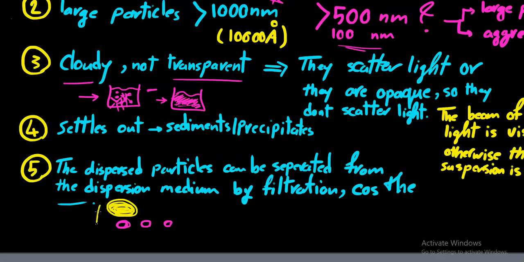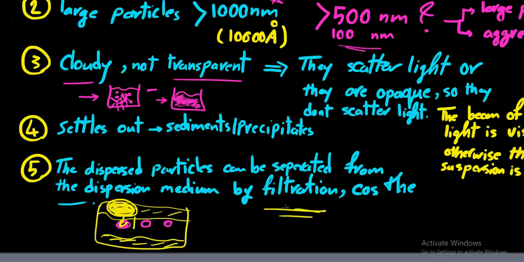So the water can go through the hole of the filter paper and comes here, but the dispersed phase particles cannot go through the hole, so you can separate the particles of the dispersed phase from the dispersion medium by filtration.